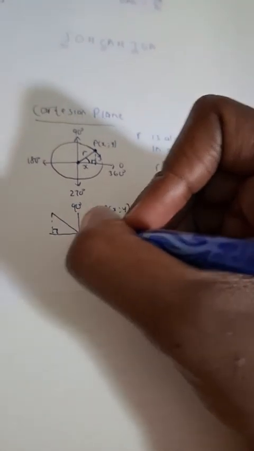Let's move on. Let's check what would be the situation if we had our terminal arm in the second quadrant. In the second quadrant, our x-axis here is a negative x-axis.